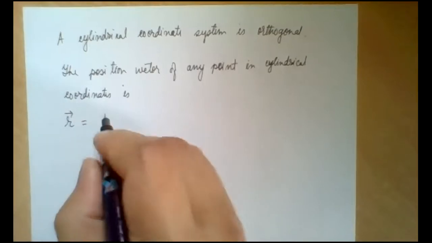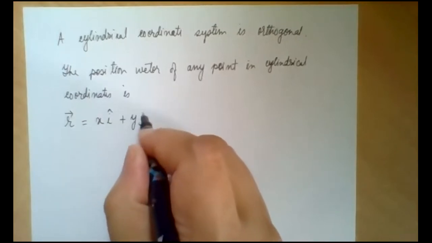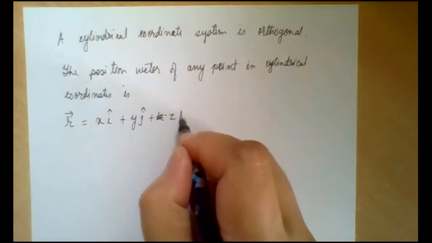The position vector of any point, we know that it is equal to x i cap plus y j cap plus z k cap.